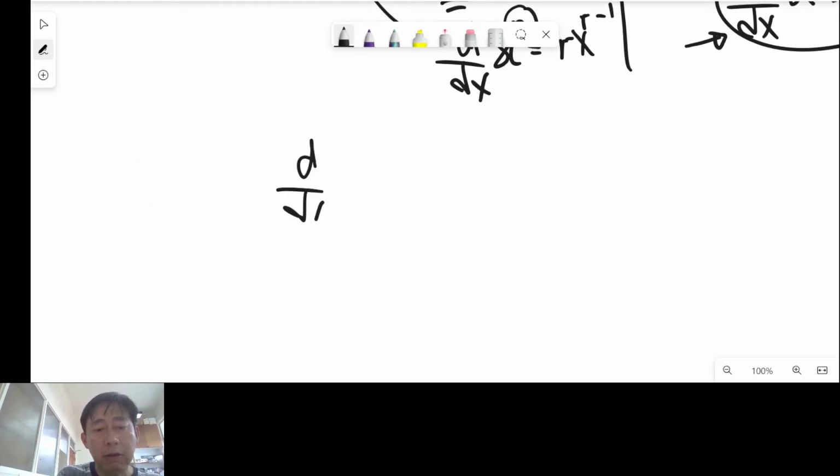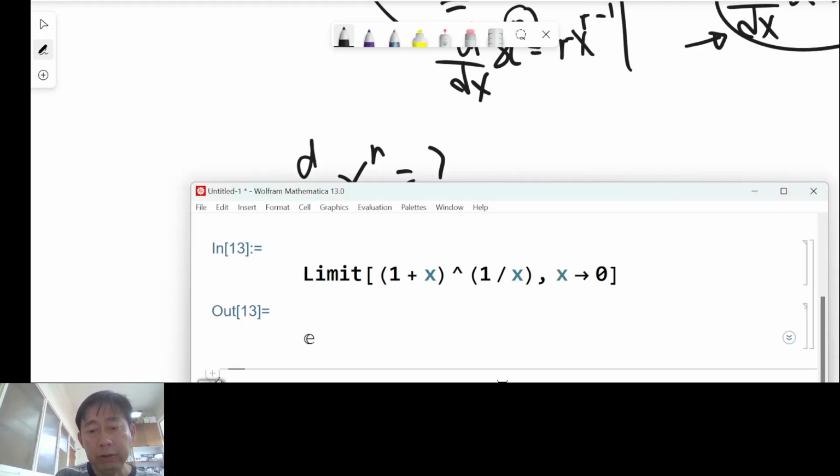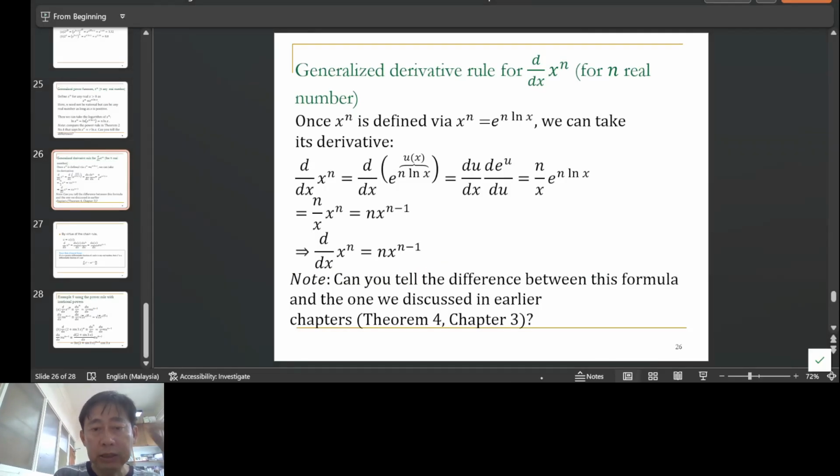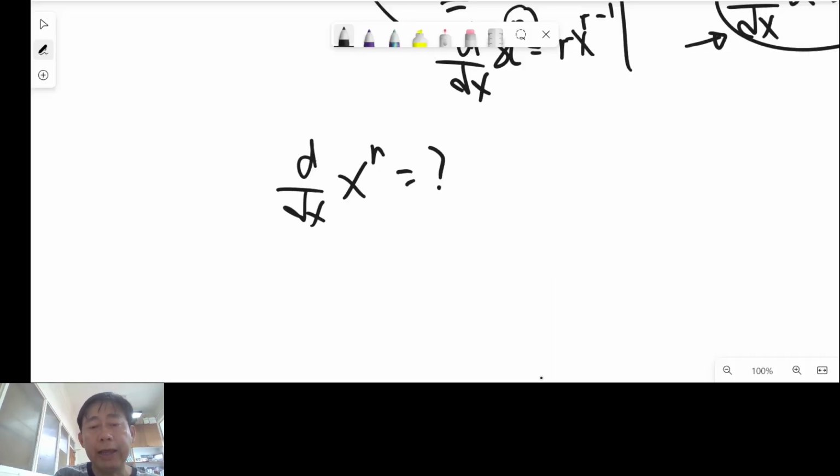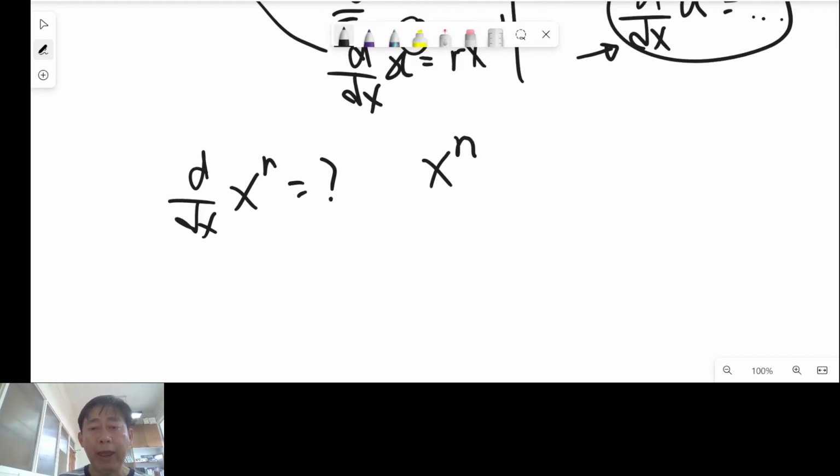d/dx of x^n is equal to what? So the correct way to do this is by looking at the definition of the generalized power function. I mentioned the generalized power function, where n is possibly irrational and real, is defined as e^(n ln x).